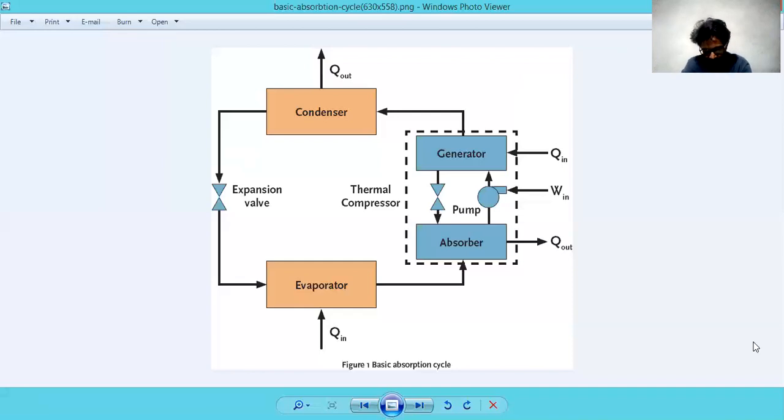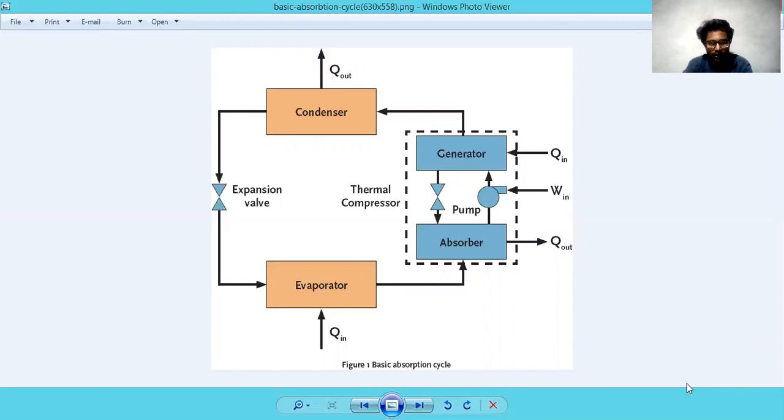There is one concept in which your ammonia gets absorbed by your water, and that phenomenon is used to operate this refrigeration system.